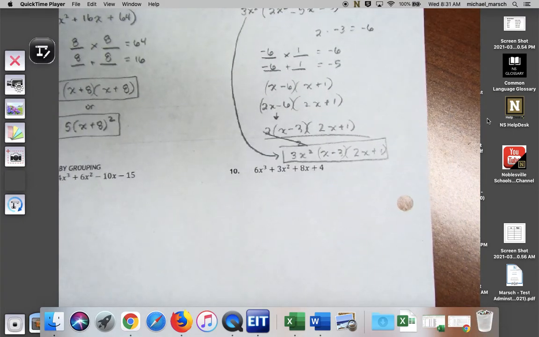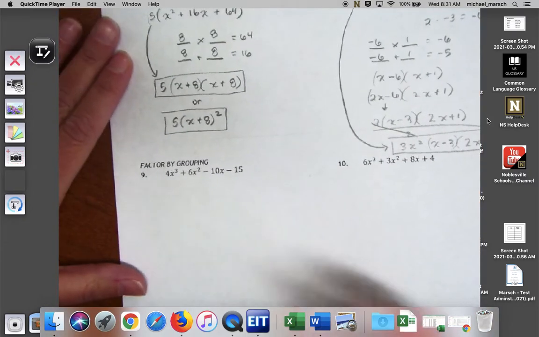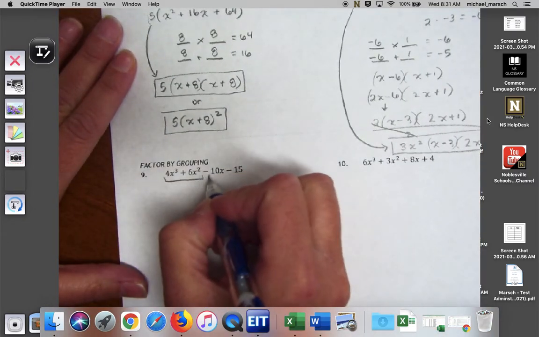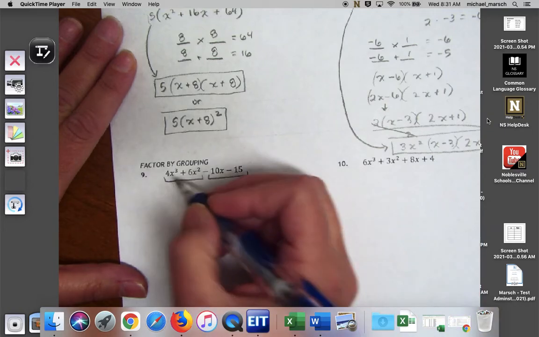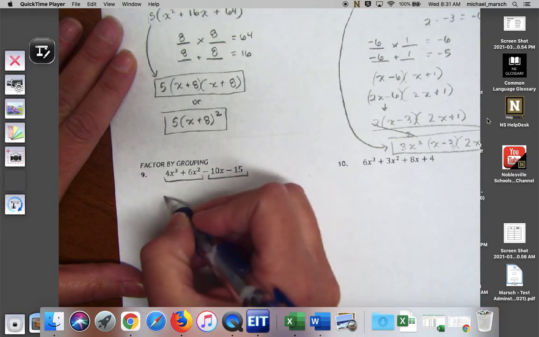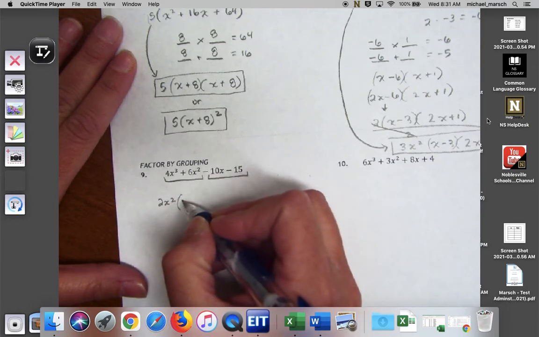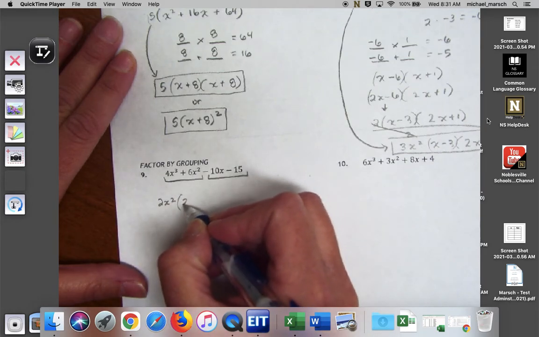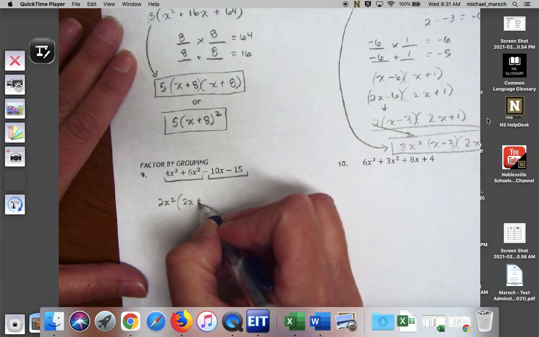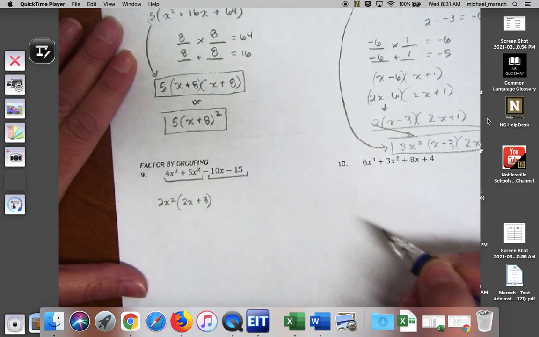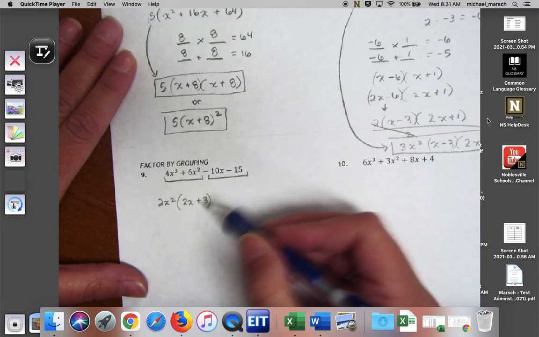All right, and the last two, which I know are everybody's favorites, are grouping. So I'm just going to group these out. The greatest common factor here is going to be 2x squared, and then I would multiply that times 2x plus 3. And then remember, I need this other one to match, right?